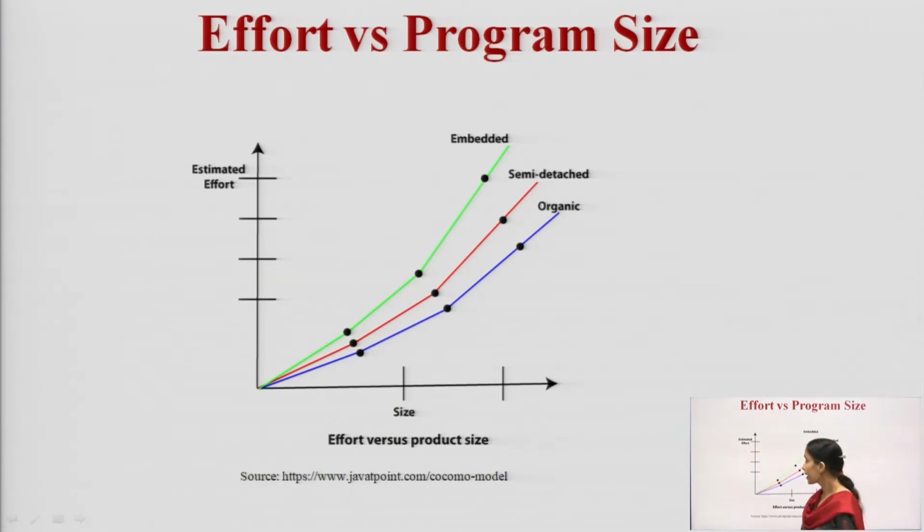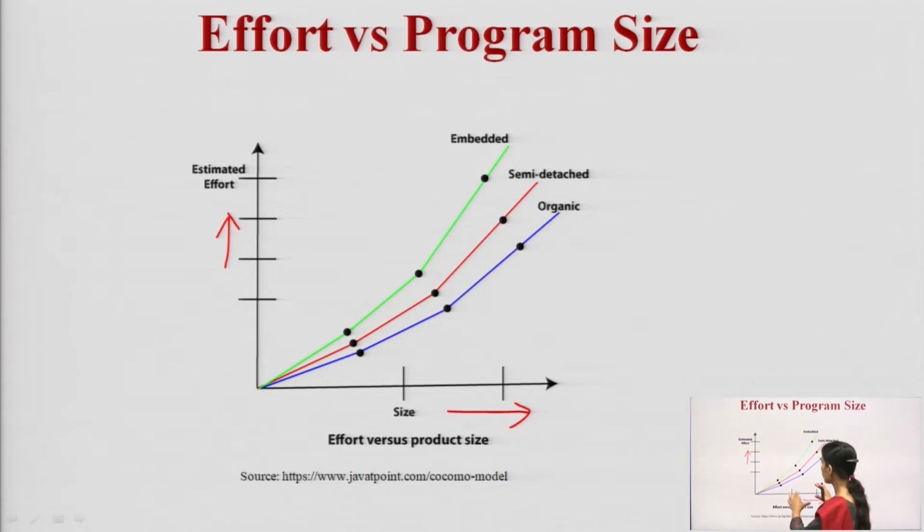If we draw the effort versus program size, it comes to this curve. This is my estimated effort, and on the x axis I have taken the size. As the size increases, the effort also increases. For smaller programs, I have to put in little effort.